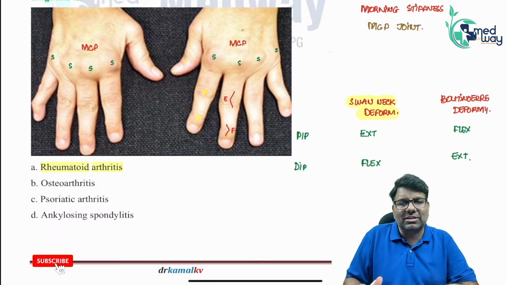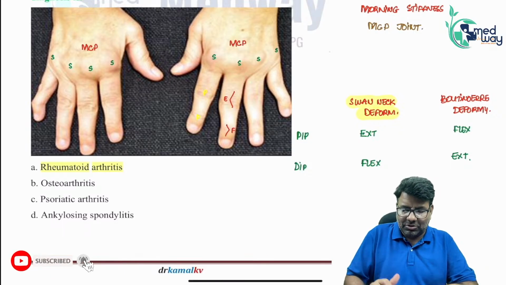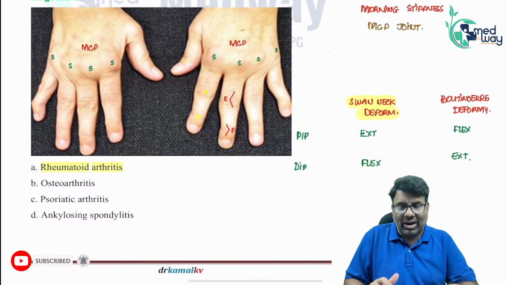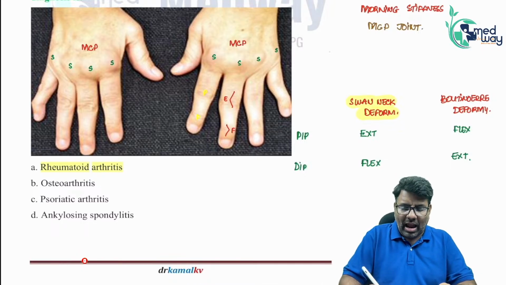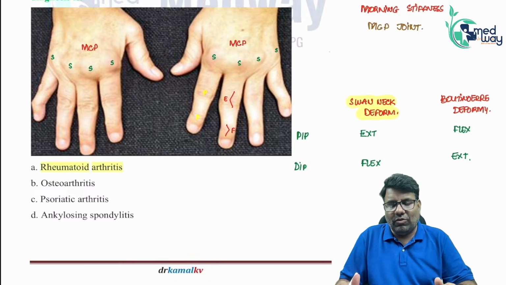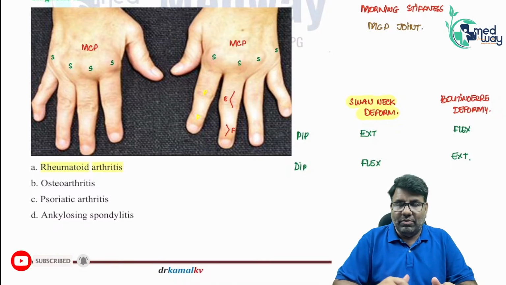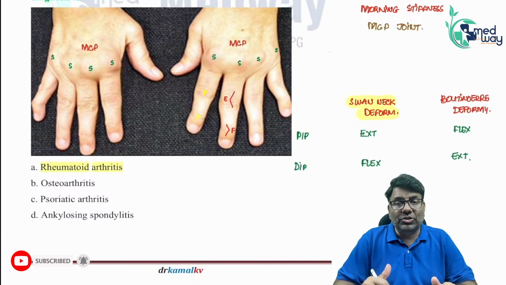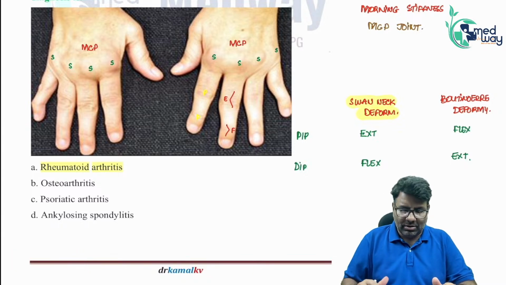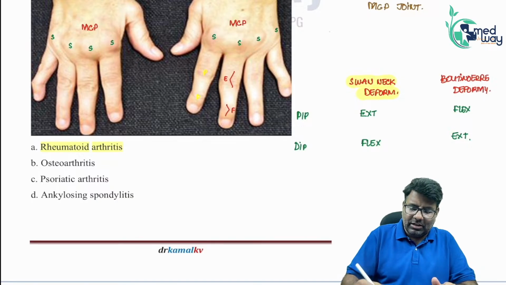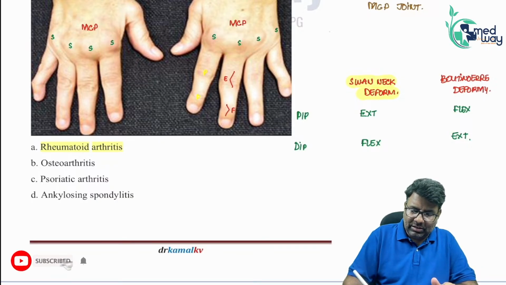PIP is extended and DIP is flexed. So this is swan neck deformity, and the opposite will be boutonniere deformity. These are two commonly asked deformities whenever we are discussing a case of rheumatoid arthritis: swan neck and boutonniere deformity. In this clinical picture, classically, you can see here, extended, flexed.